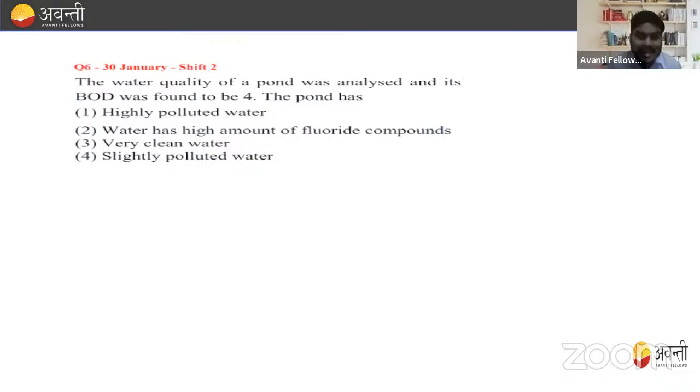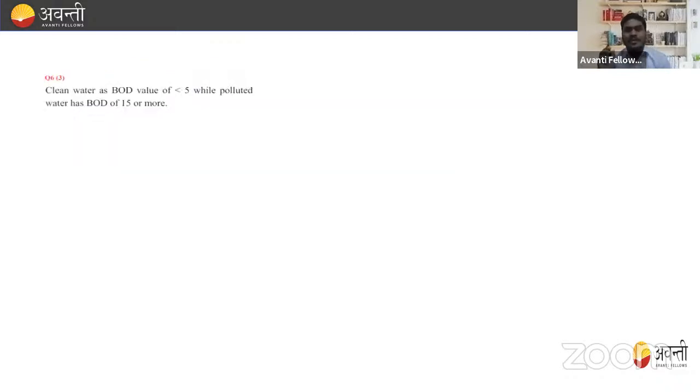The options are: highly polluted water, water with a high amount of fluoride compound, very clean water, or slightly polluted water, right? So always remember this, beta. Clean water has a BOD value less than 5, while polluted water has a BOD of 15 or more, right?